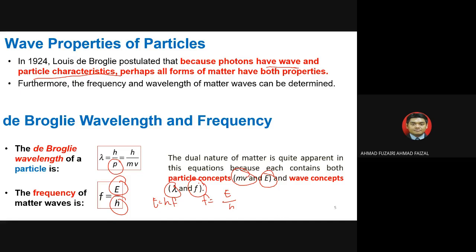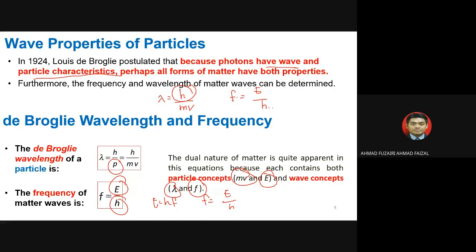De Broglie took this opportunity to differentiate between light acting as a wave and light acting as a particle, in his terms the de Broglie wavelength and the de Broglie frequency. When we combine them, the wavelength is h over mv and the frequency is E over h.